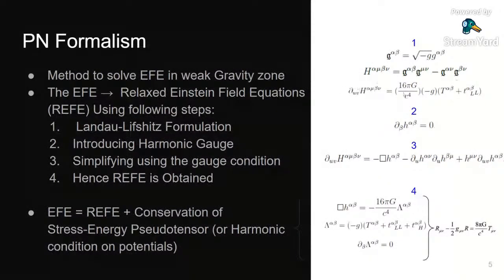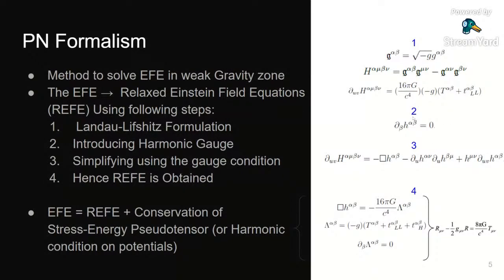Now we move ahead and introduce a harmonic gauge on the potential, which is nothing but the deviation from the background metric. We impose a harmonic gauge, which is something of this sort.